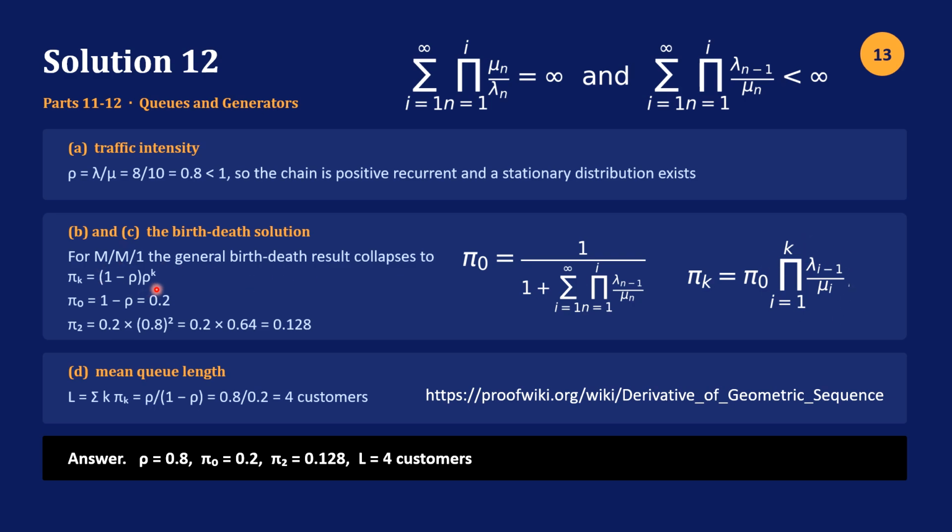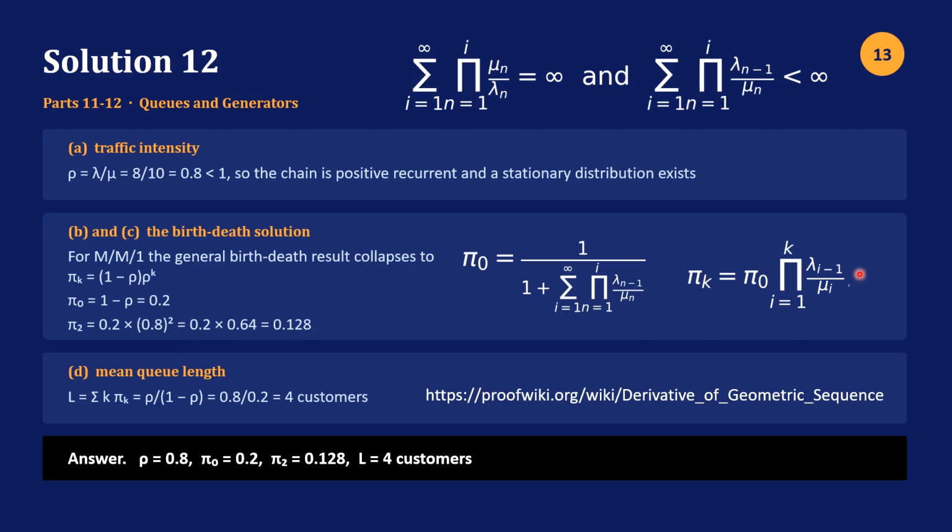So this gives us pi sub k. And then we're at the actual question, well, what is the stationary probability for state 2? So it's basically this formula here, rho times this, in other words, this. So it's 0.2 times 0.8 squared, so it's 0.128.